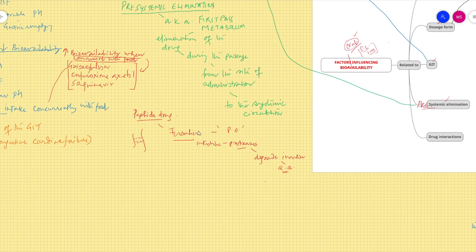Okay. So in general, what we're going to summarize here and say is that peptides are metabolized in the lumen of the GIT.